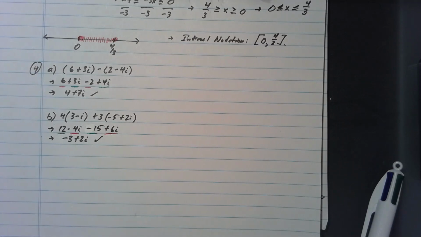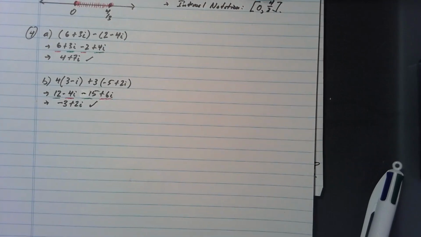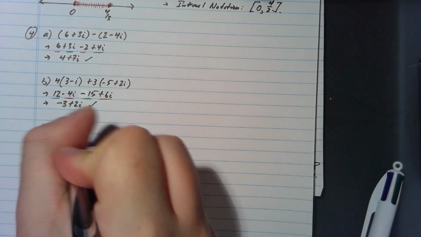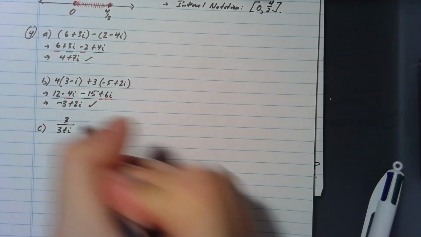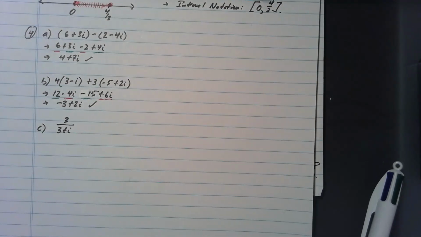So, you know, those are pretty easy, if I'm being pretty honest. Letter C. So here we have a division problem, 3 over 3 plus i. So remember, when we did this in our notes, we have to simplify it.